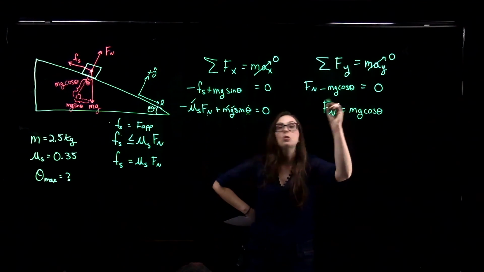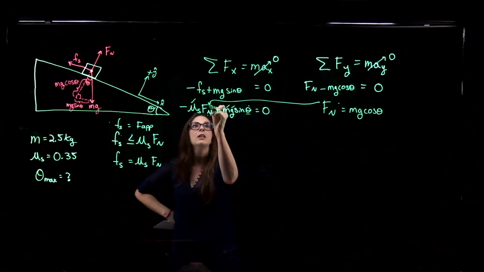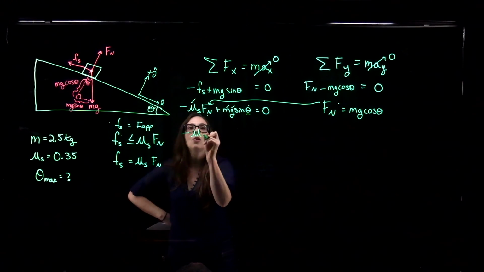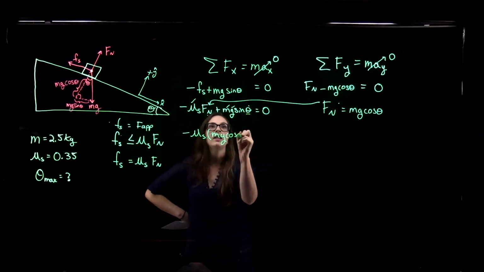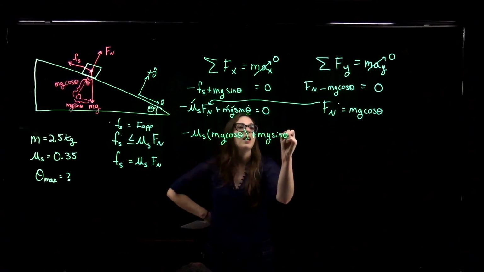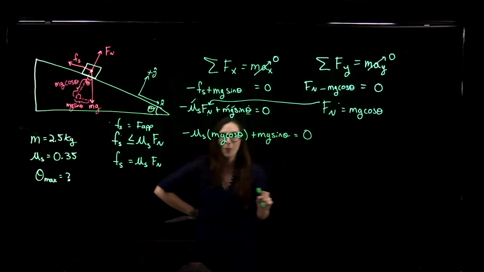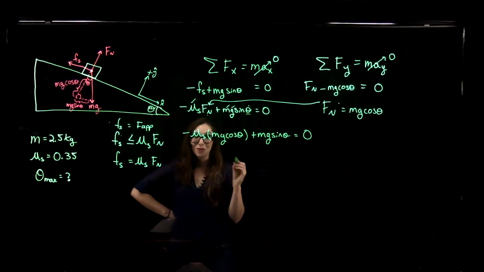So I can take this normal force and stick it in this equation right here. So then I have minus the coefficient of static friction times mg cosine theta plus mg sine theta, that equals 0.